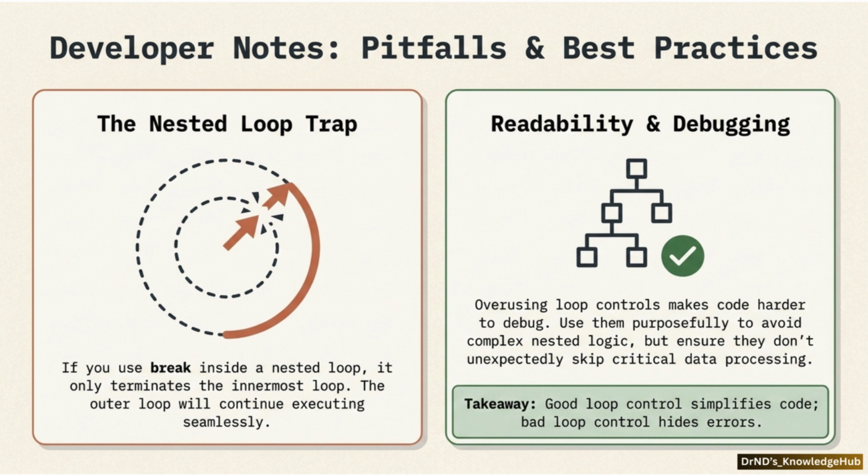To summarize today's lecture, Python provides loop control statements to change the normal execution of loops. Break terminates the loop immediately. Continue skips only the current iteration. Pass is a placeholder that performs no action. Choosing the correct statement makes your programs more efficient and easier to maintain.